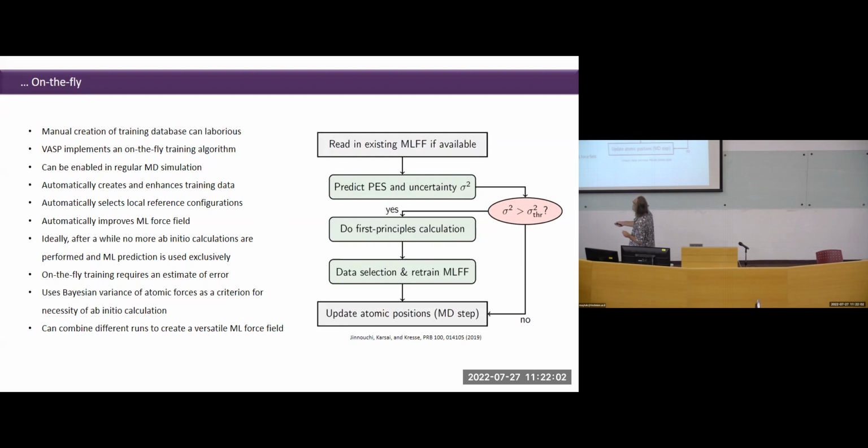So ideally, at some point, of course, you would be doing only these classical MD steps, as your set of training structures has grown to a certain point and your set of local reference configurations is suitable, you would not be doing any ab initio steps anymore.